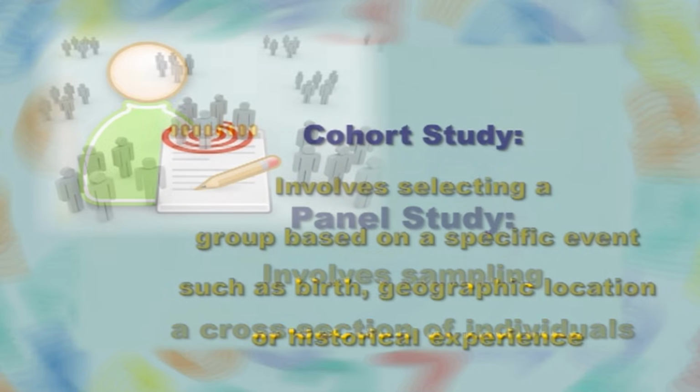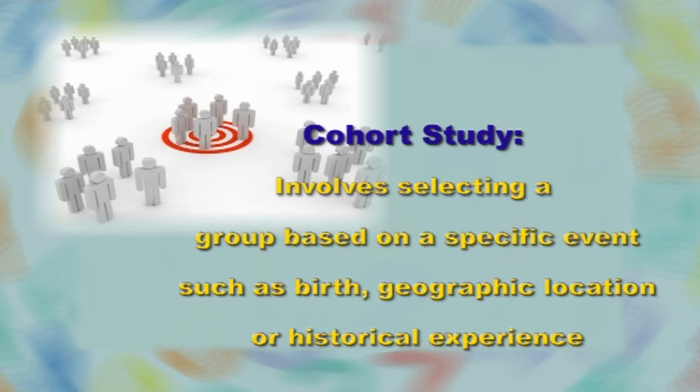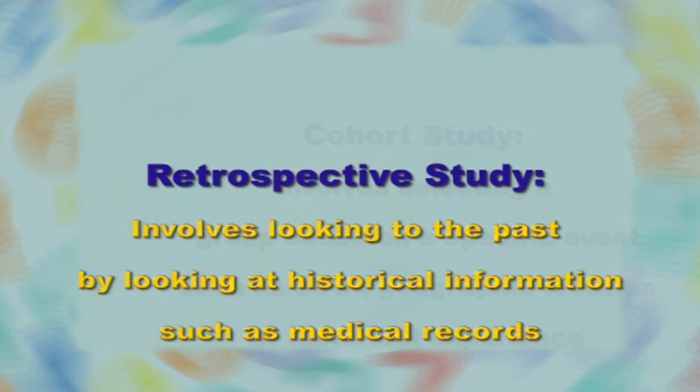The next is cohort study. This involves selecting a group based on a specific event such as birth, geographic location or historical experience. Retrospective study involves looking to the past by looking at historical information such as medical records.